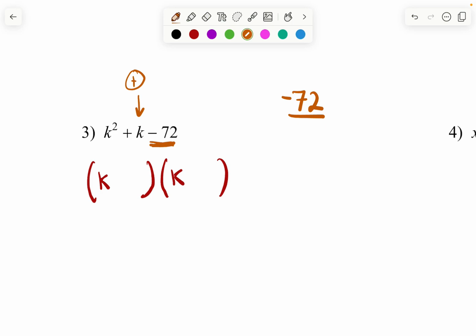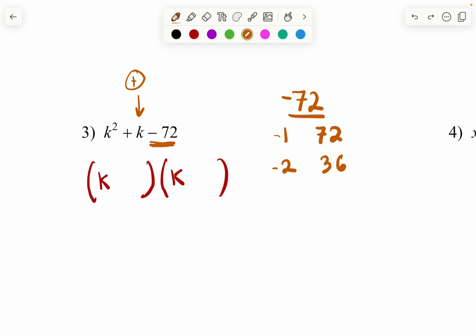So I would probably not want to pick 1 and 72. Those multiply to 72, well, one of them's got to be negative, but they're not going to add together to be 1. So you want something closer to the middle. You wouldn't want to do 2 either because 2 and 36 are 72, but adding these up will not get you close to 1.